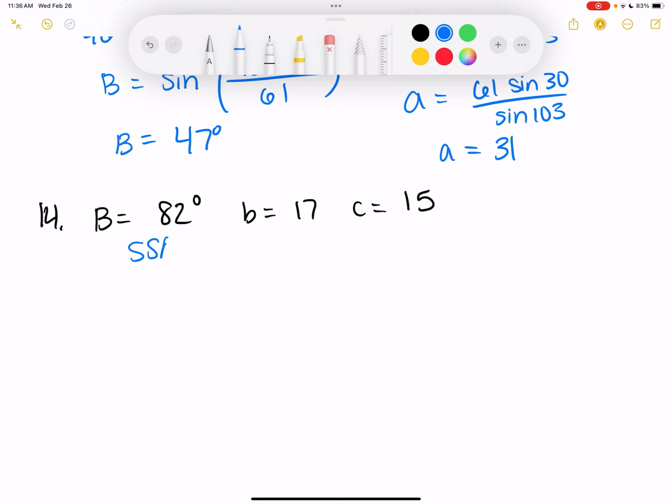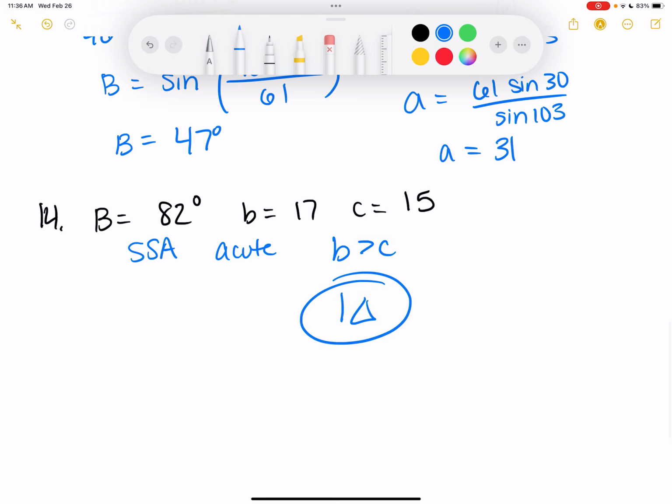So then is angle B acute or obtuse? It's acute. So in my chart, I'm looking at B compared to C. So what is it greater than, less than, equal to? It's greater than, so what does that mean? Yep. So B is greater than C, so one triangle. And that's all you have to do on those ones.